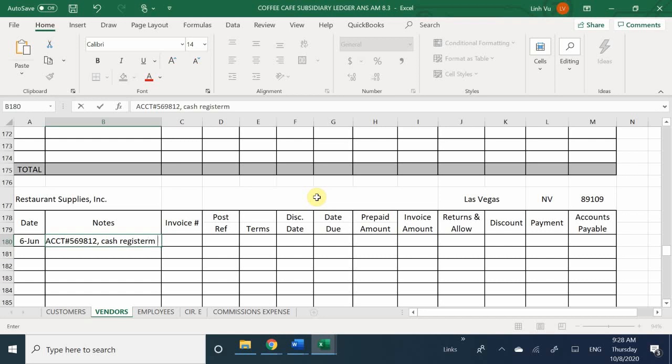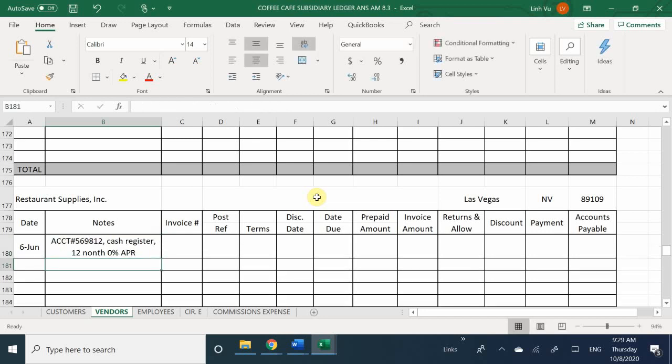And then I could also type in that this person gave me 12 months, 0% APR. Okay, so that means I have 12 months to pay it off with them not charging me interest, but any time I pay after the 12 months, that's when I start accumulating the APR. Okay. And usually your bill should tell you that, or it's in their description, or when you sign up for it, you should have that fine print of what happens if you pay after this 12 months.